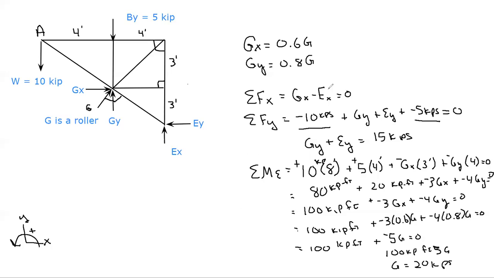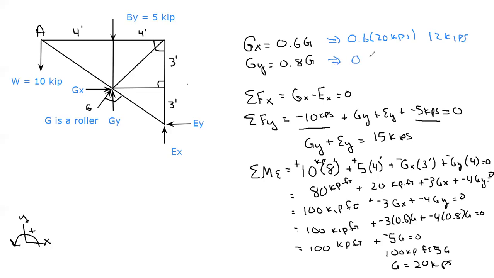If G is equal to 20 kips, then Gx is 0.6 times 20, which is 12 kips.